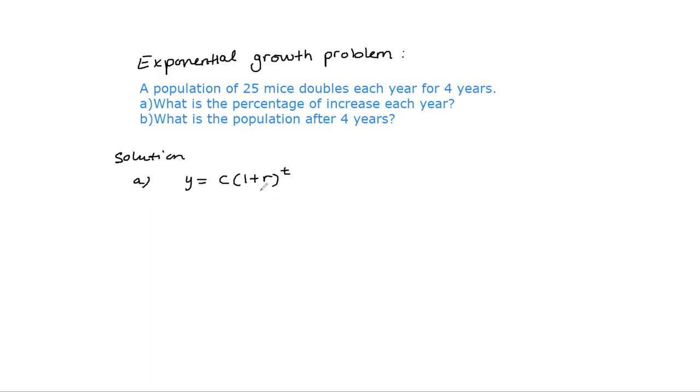So we already see r is the growth factor, and we say that it doubles each year, which means that the growth factor will be 2 because it doubles, okay? And the growth factor, sorry, is 1 plus r. R is just our growth rate, but 1 plus r is the growth factor. So 1 plus r will be equal to 2, which means that r is equal to 1.